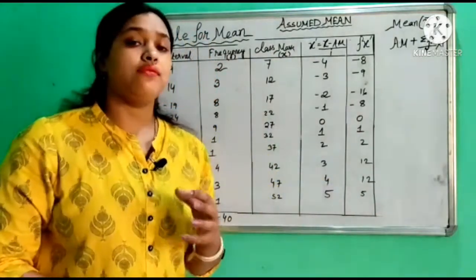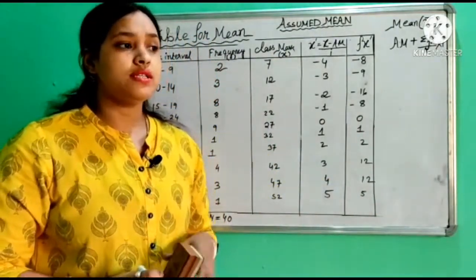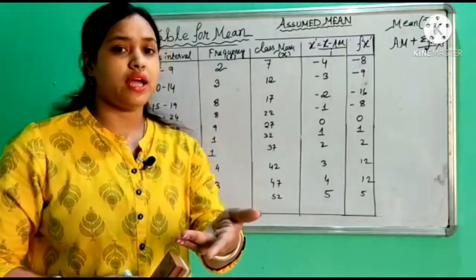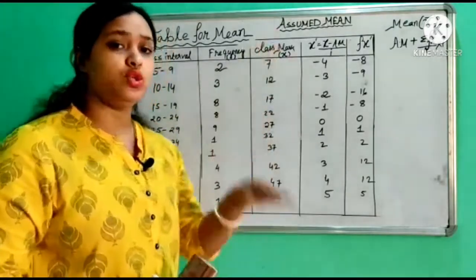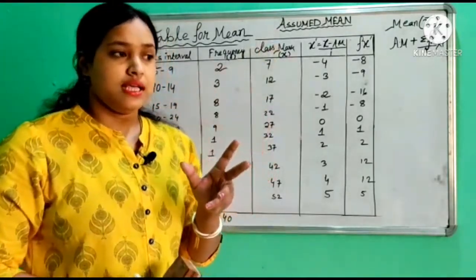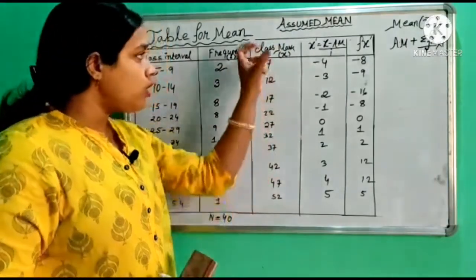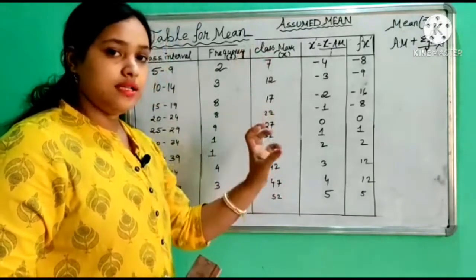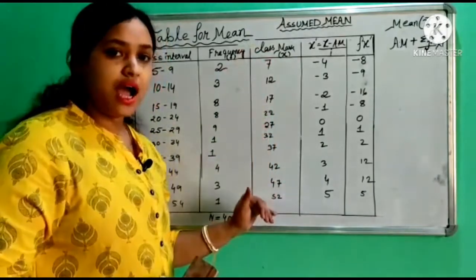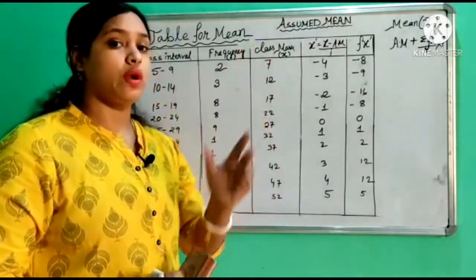So here we take the assumed mean. It is just for your convenience that you divide the whole set of class marks into two equal parts.